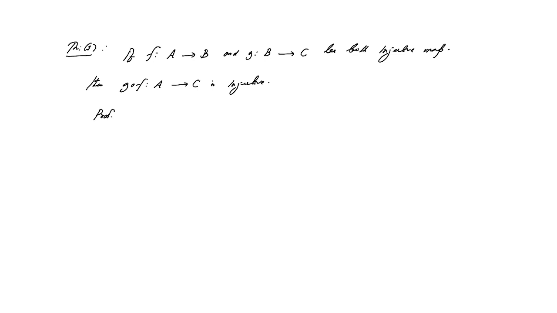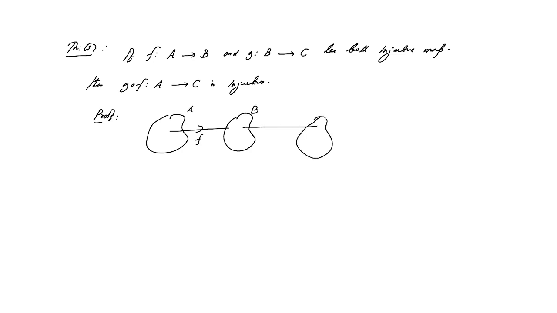So how to prove this kind of problem? You have been given a theorem. F is basically A to B and G is basically B to C. F is injective, G is also injective, and we have to prove G composed F from A to C is injective. That means the composition of two injective mappings is injective. How to prove?